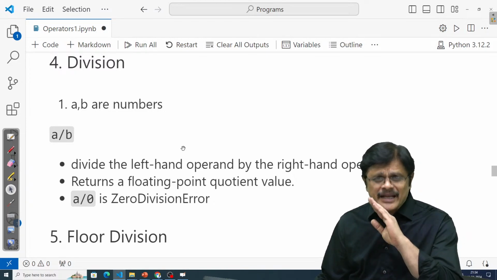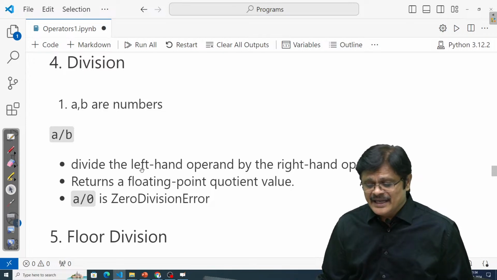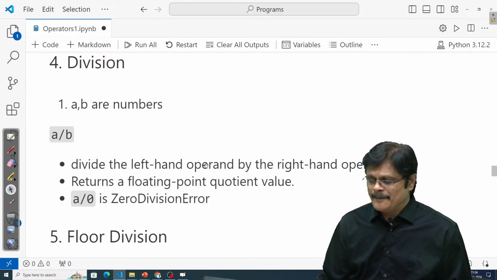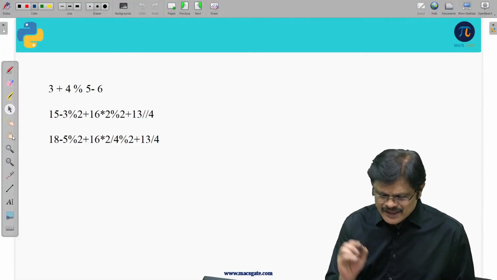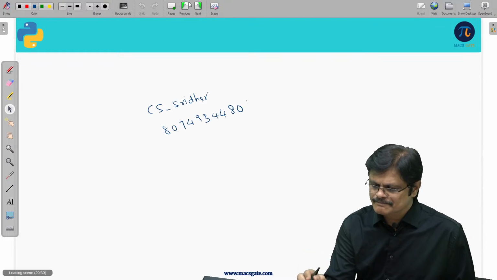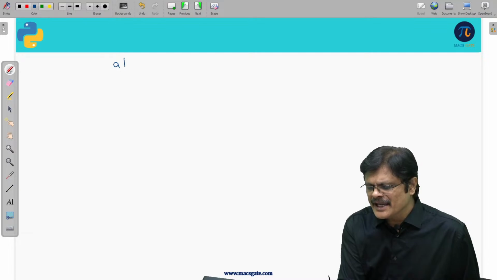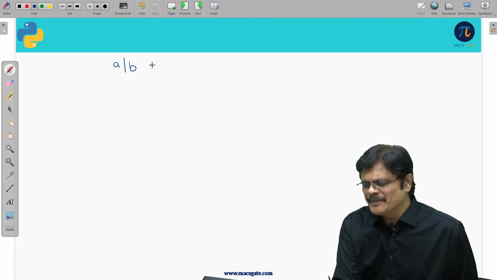Then comes the division. If A and B are numbers, A by B divides the left hand operand by the right hand operand. So I want everyone to understand this. When you say A by B, mathematically what does it mean?